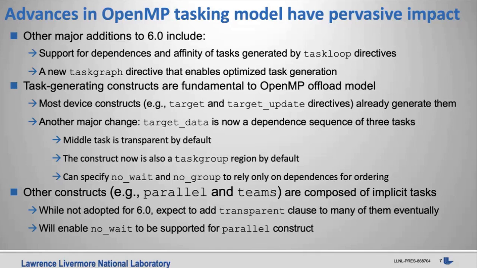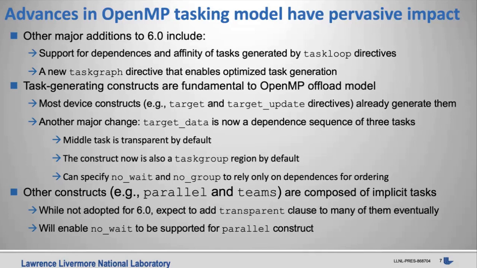We are actually expecting in the future that other constructs that are composed of implicit tasks, such as parallel and teams, will also build on the transparent task concept. And while we didn't actually adopt that specification in 6.0, we expect that in future we'll enable things such as being able to apply nowait to the parallel construct, and again allowing you to pick up those implicit tasks and execute them asynchronously.